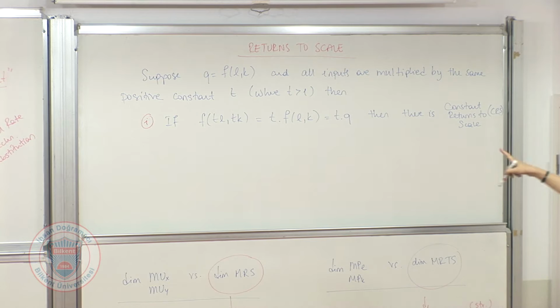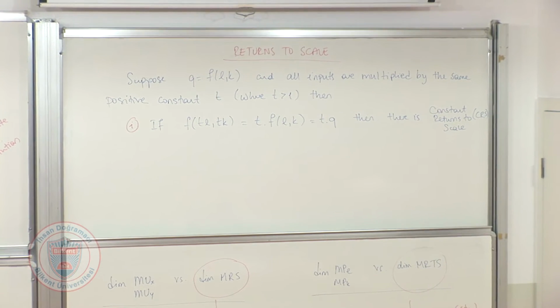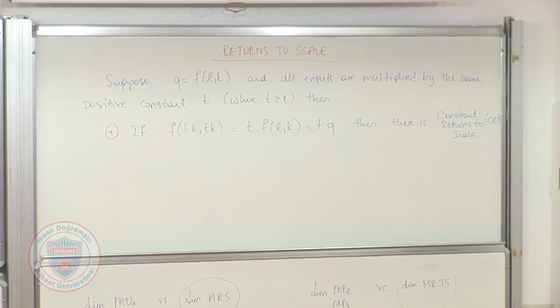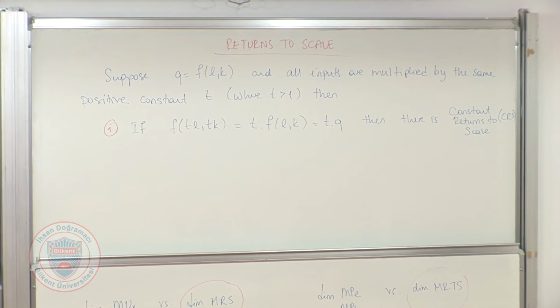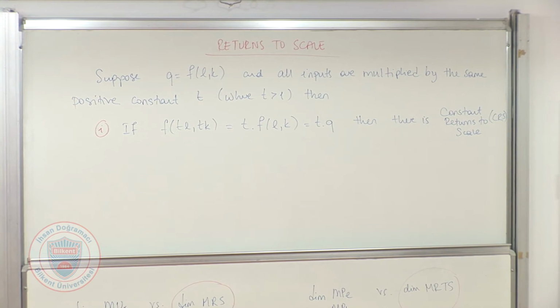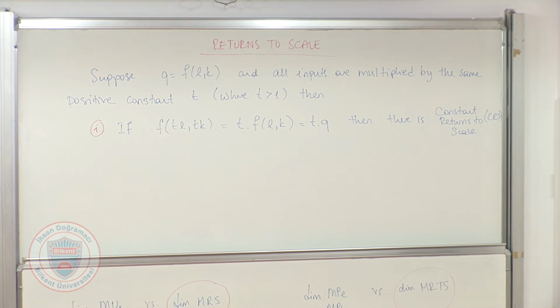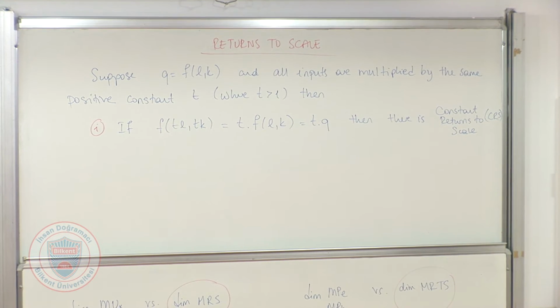You see that this is the definition of homogeneity of degree 1. So constant returns to scale and homogeneous of degree 1 are equivalent concepts here.